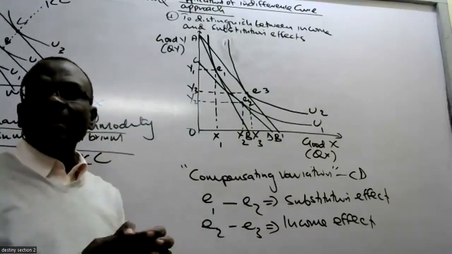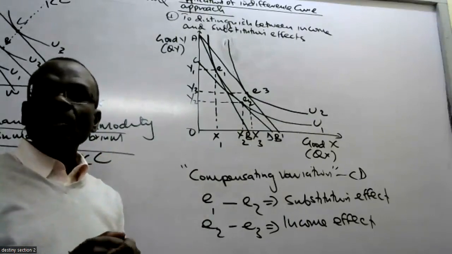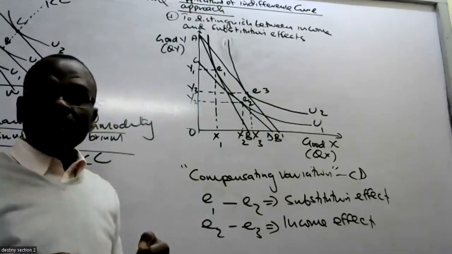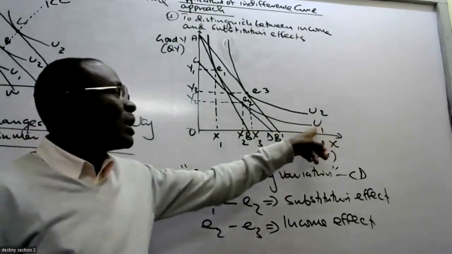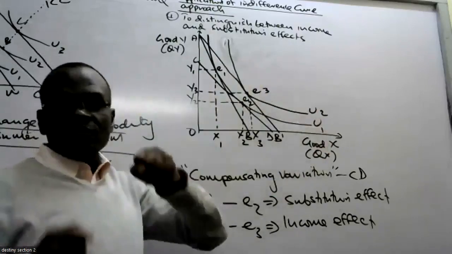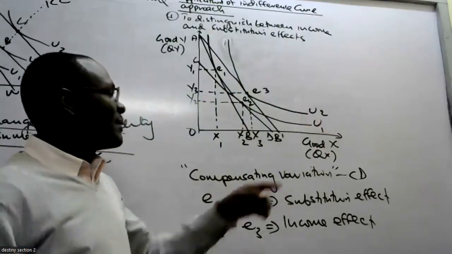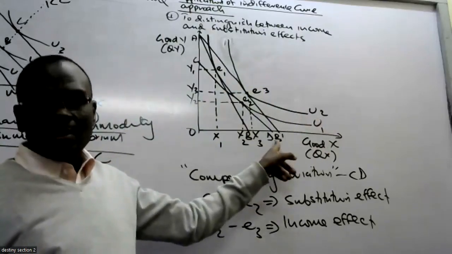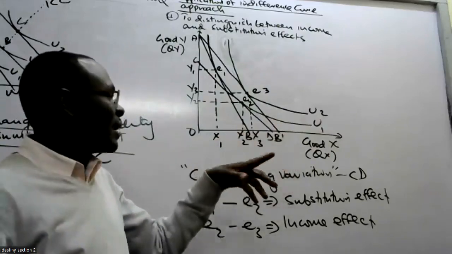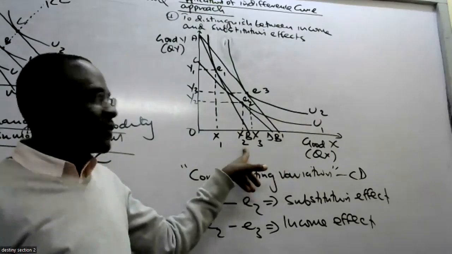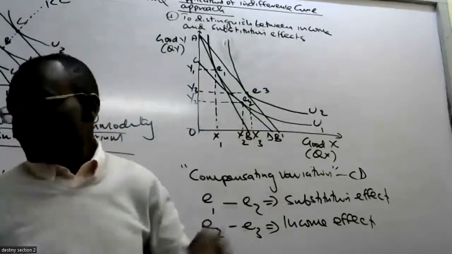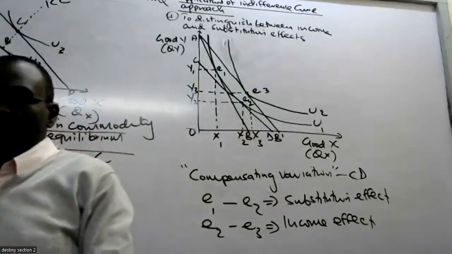Then, to introduce the income effect, you must assume that the consumer was able to make his position better off by moving from level U1 to another higher level of satisfaction, U2, so that out of savings from the reduction in price of commodity X, the consumer uses the increase in his real income to increase consumption of X from X2 to X3, and he also increases Y from Y2 to Y3, and so on.